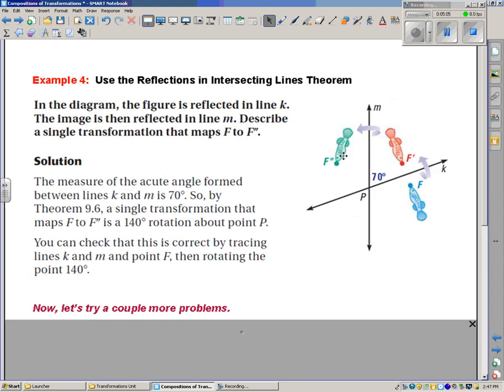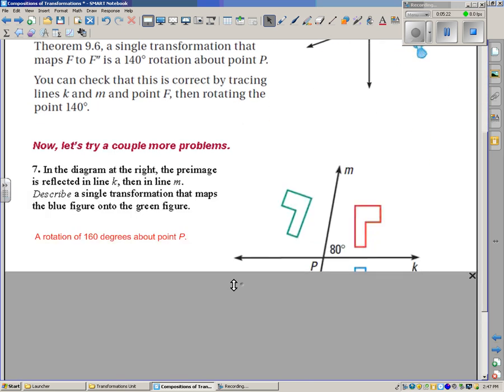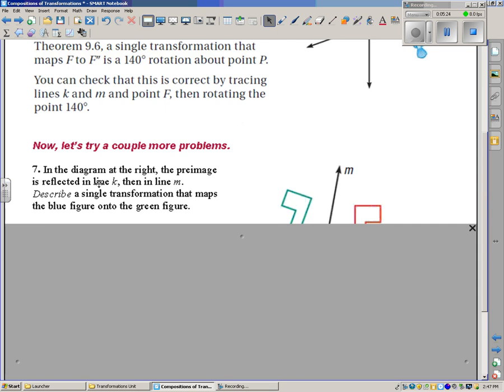So here we have these little fishes reflected twice, about a 70-degree angle of these intersecting lines. The final reflection is going to be a 140-degree rotation about P. So here we have the diagram, the image, and the pre-image.